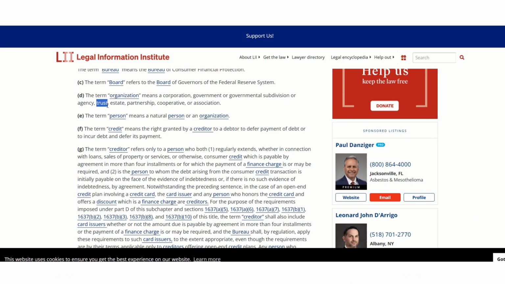That's an important word, trust, a state, partnership, cooperative, or association. The term credit means the right granted by a creditor to a debtor to defer payment, right? Defer payment of debt or to incur debt and defer its payment, all right?